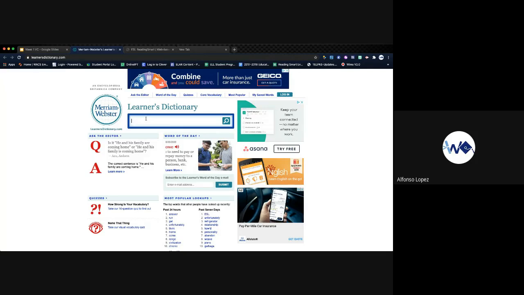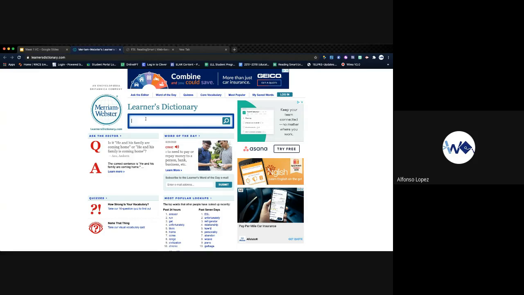Sometimes you look up a word you don't know in the dictionary, and the definition they give you is just as confusing, so you really don't figure out what the word is. This dictionary simplifies that and gives you a definition that's much easier to understand.